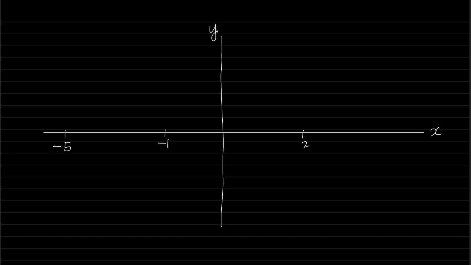Then we have a turning point minus 3.4. Minus 3.4 maybe somewhere around here. Up here. And that corresponding y value would be approximately 20.8. And then we have the y-intercept, which we said earlier was negative 10.